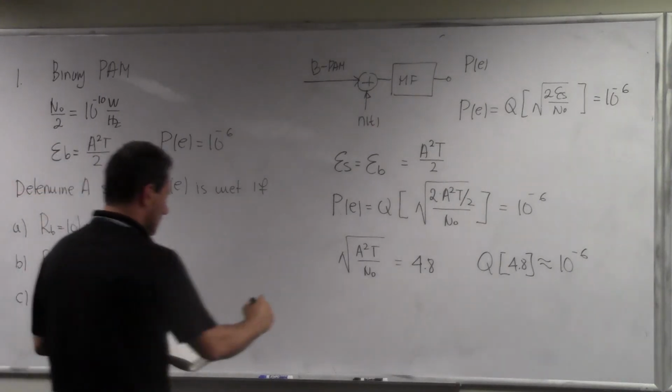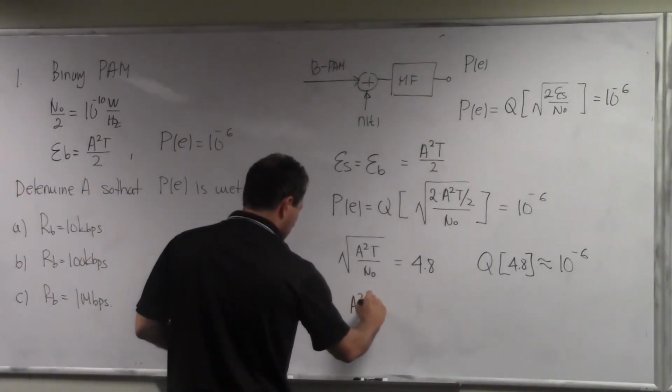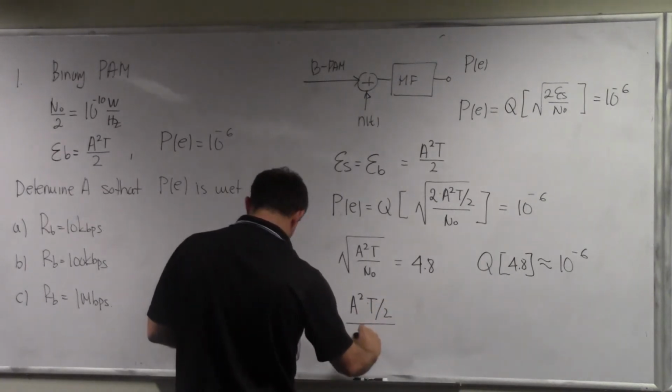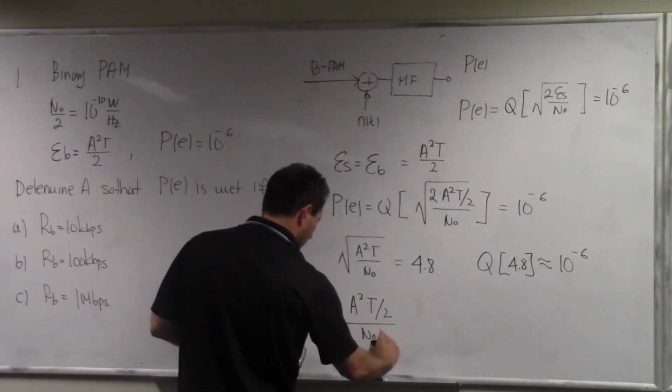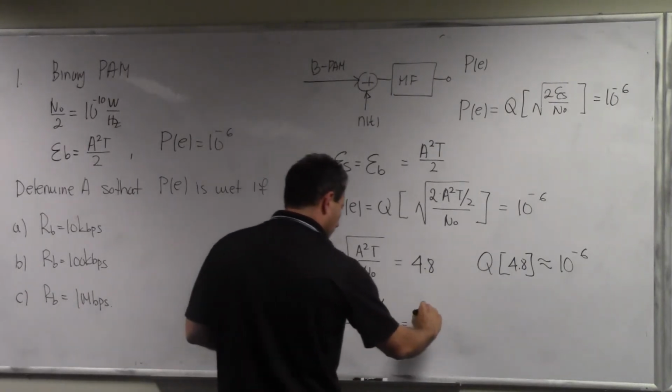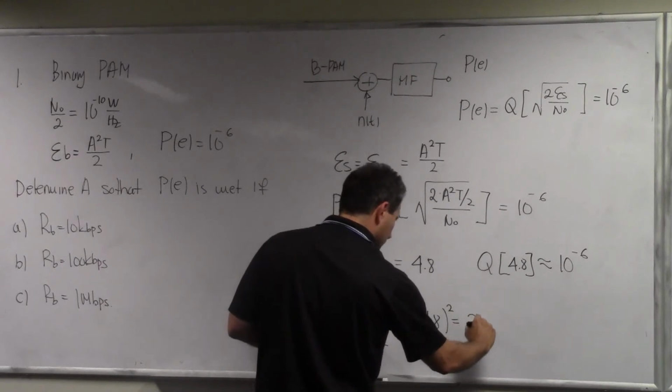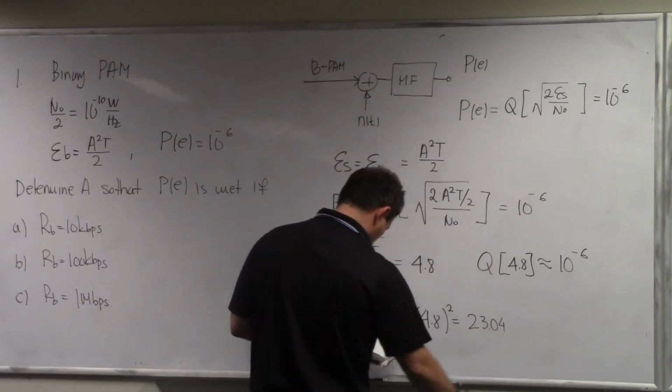So now, A squared times T over 2 divided by N0 over 2 is equal to 4.8 squared, which is 23.04.